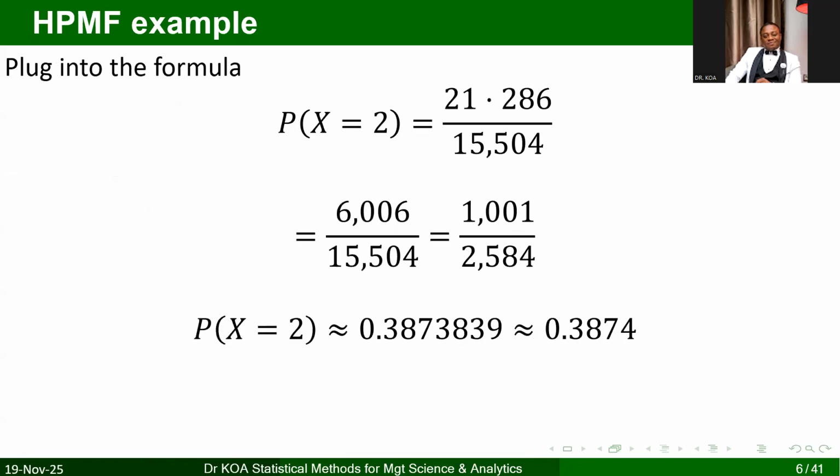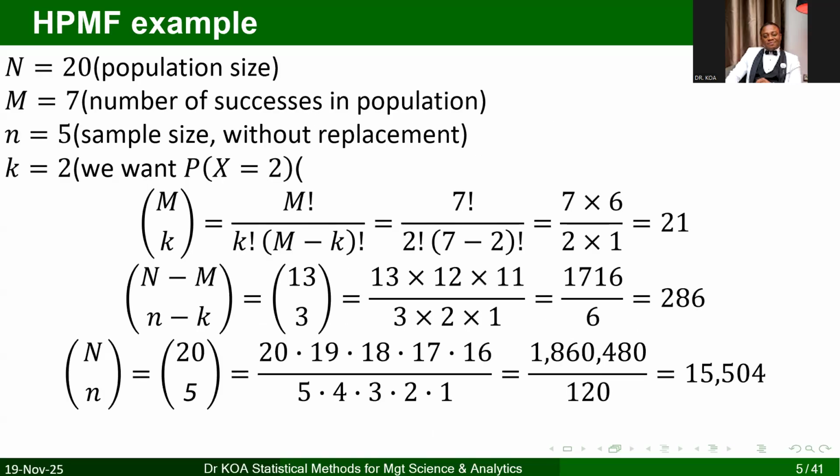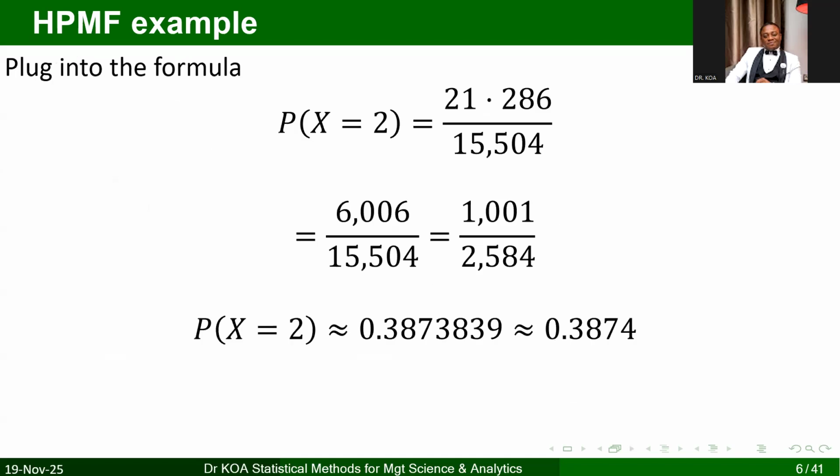If X is hypergeometrically distributed and the random variable is 2, we substitute 2 into this. We multiply the 21 by the 286, divided by 15,504, and that gives you approximately 38%. So you can say that the probability of having exactly 2 of that particular item is 38.7%.